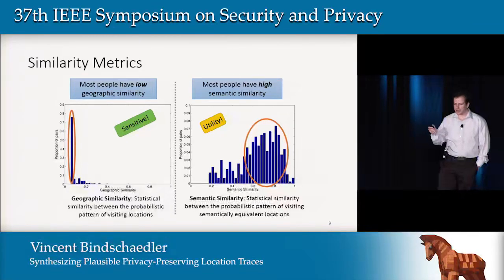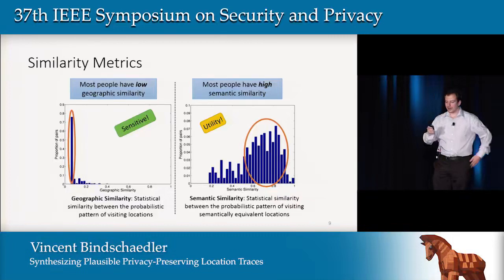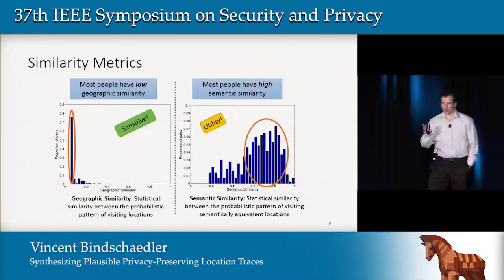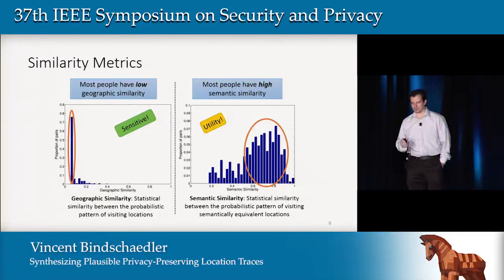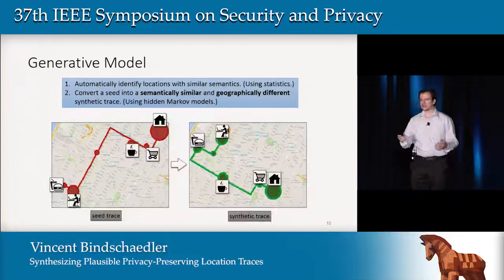But the key observation here is that to construct a generative model, we will take the geographic features, and they are sensitive. Therefore, this is the information that must be protected. On the other hand, the semantic features are useful, and therefore they must be preserved. So to do this, we start by automatically grouping locations with similar semantics.